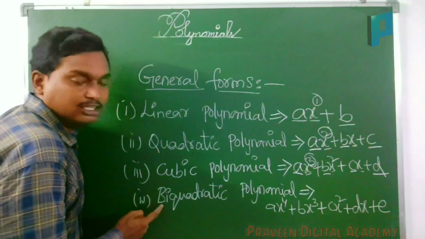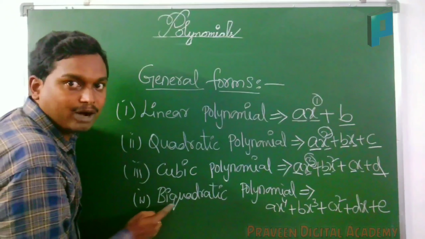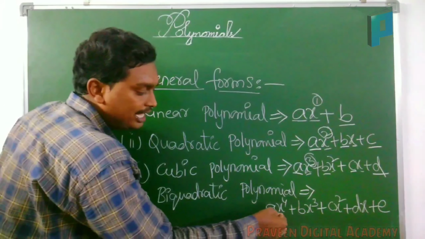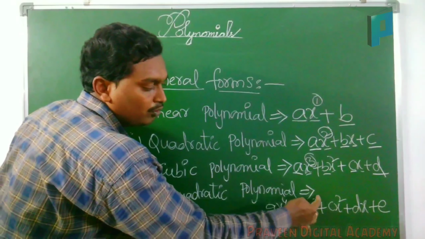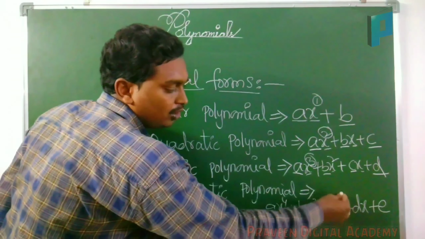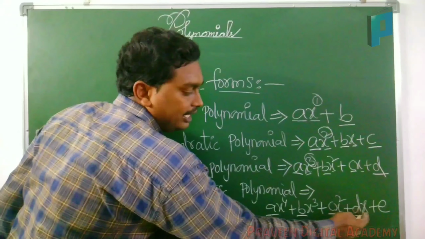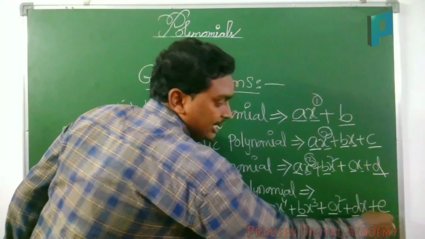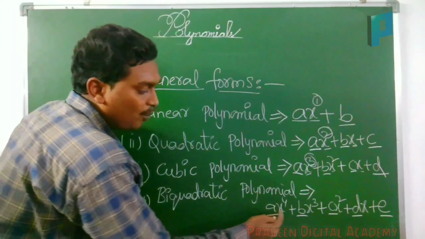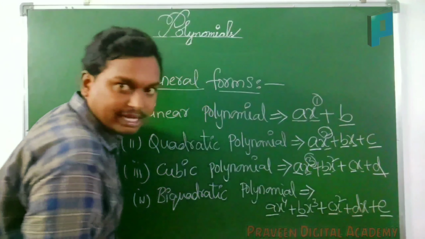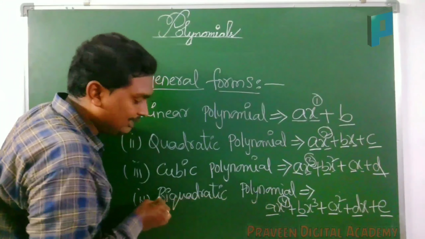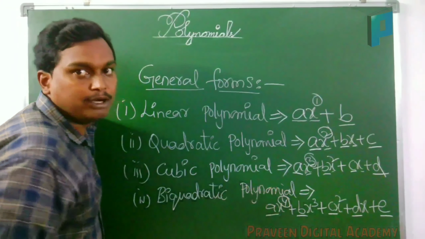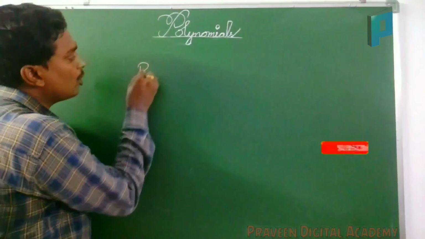Here a is called the coefficient of x power 4, b is the coefficient of x cube, c is the coefficient of x square, d is the coefficient of x, e is called a constant, where x is called a variable. The highest power is 4, so we will call it a biquadratic polynomial.